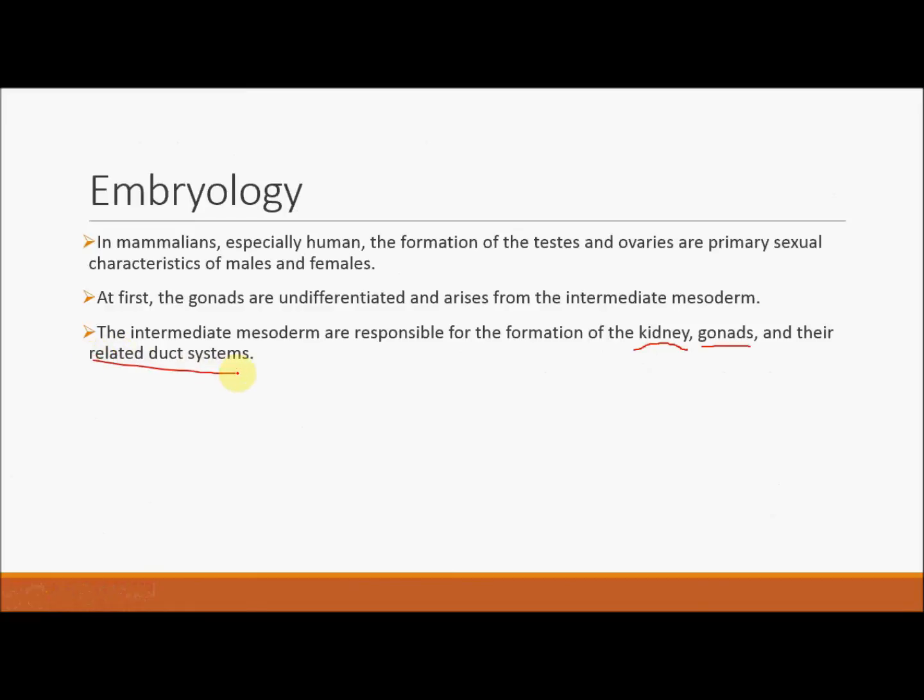systems, like the renal ducts in the kidneys, and the seminiferous tubules in the testes, and the fallopian tubes of the ovary in females.